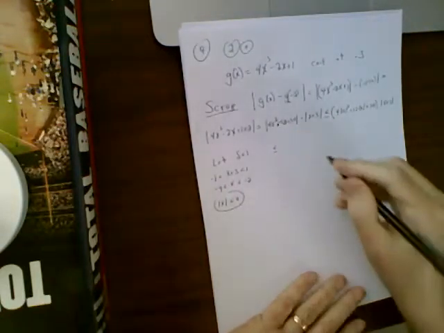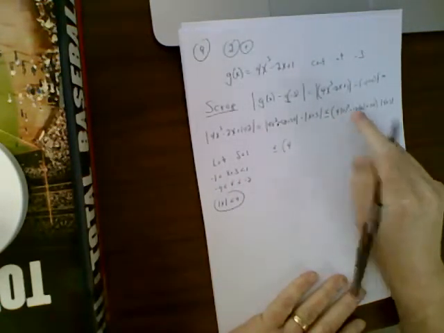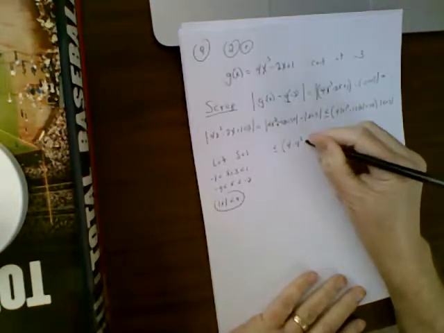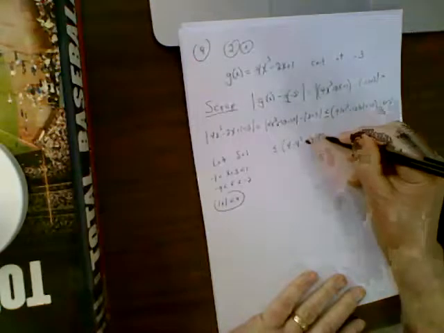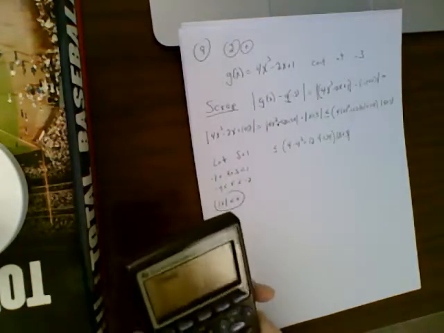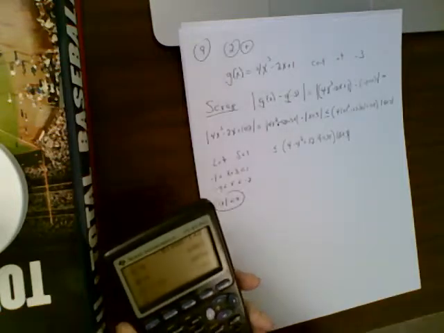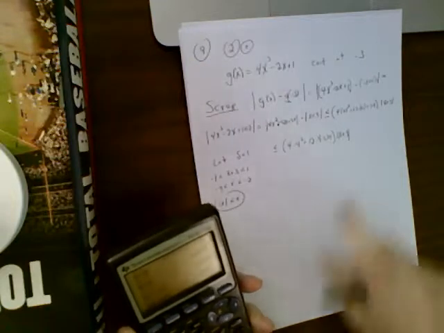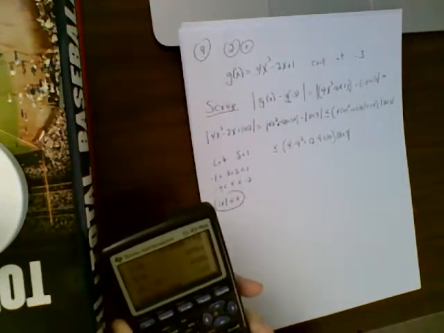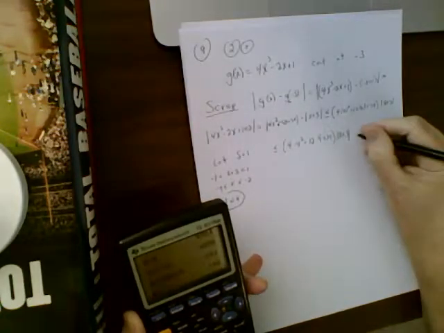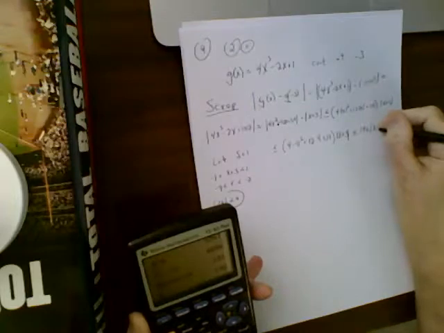So this is less than or equal to 4 times 4 squared plus 12 times 4 plus 34, times the absolute value of x plus 3. Well, let's figure out what this is. This is 4 cubed, so that's 64. This is 12 times 4, so that's 48. That's a 34. So that comes out to 146. So this is less than or equal to 146 times the absolute value of x plus 3.